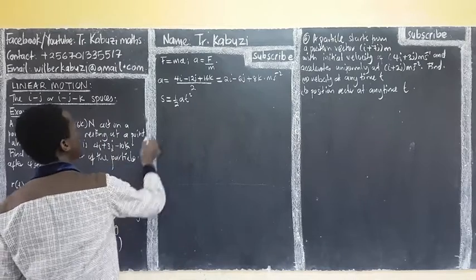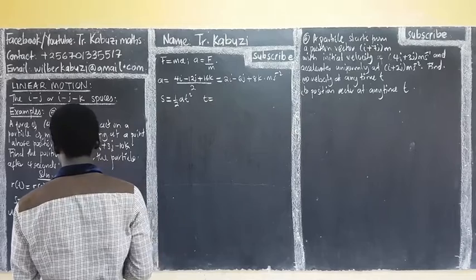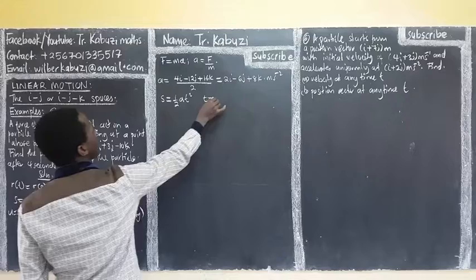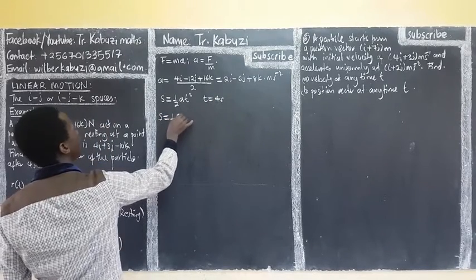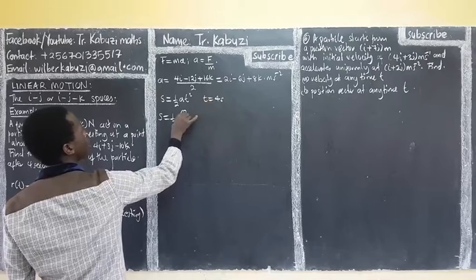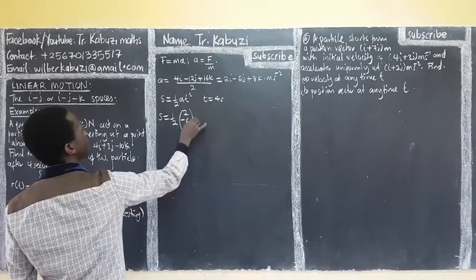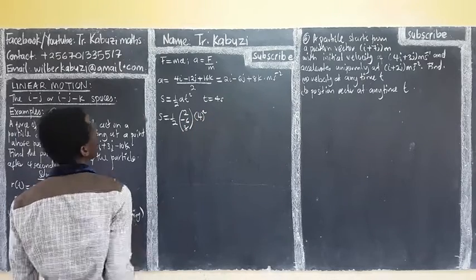Remember our t is 4 seconds. So putting it here, we have a half into our acceleration in vector form, (2, -6, 8), then our t is going to be 4 all squared.